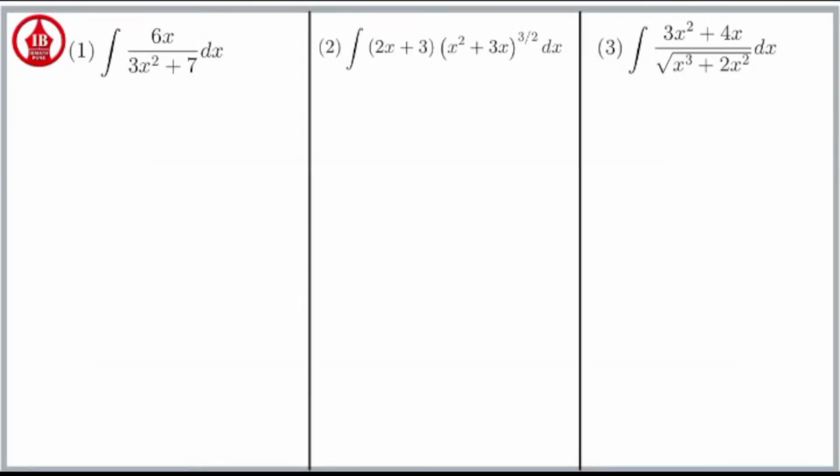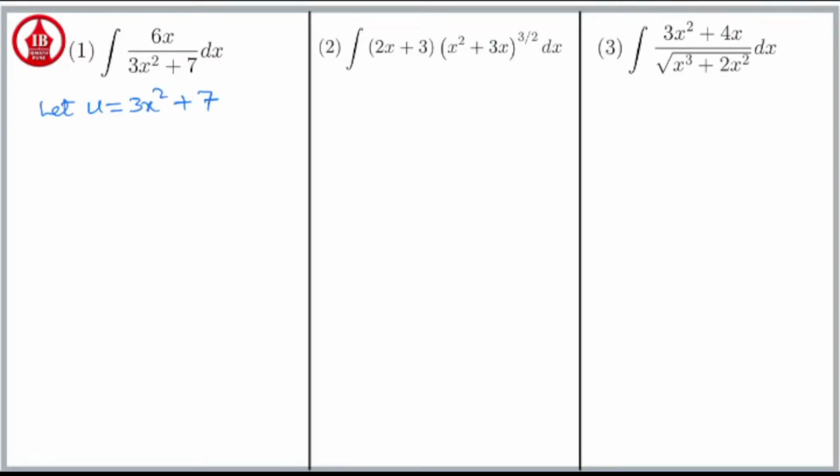So here I have chosen three questions. In all these three questions, you can use the substitution method. As I said, you substitute the one whose derivative is the other one. So let u equal 3x squared plus 7.